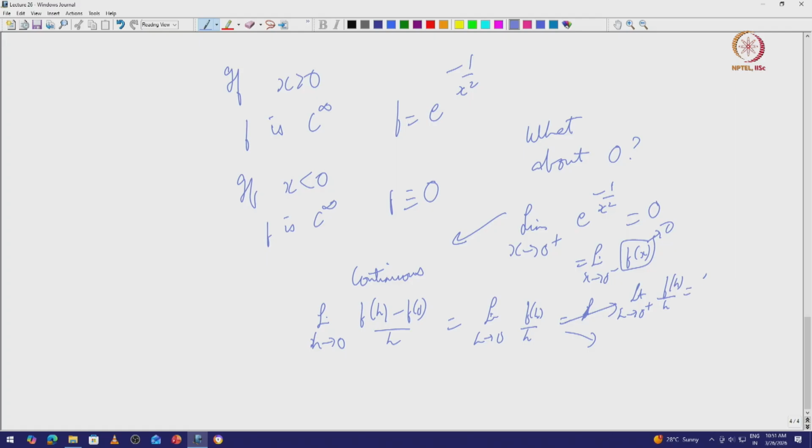So this is the limit of e raised to minus 1 by h squared, divided by h, and this is identically 0 anyway, right? So how does one compute this limit? There are a variety of ways to do it. For example, you can use the L'Hopital rule, and you can conclude that this is 0. That's one way.